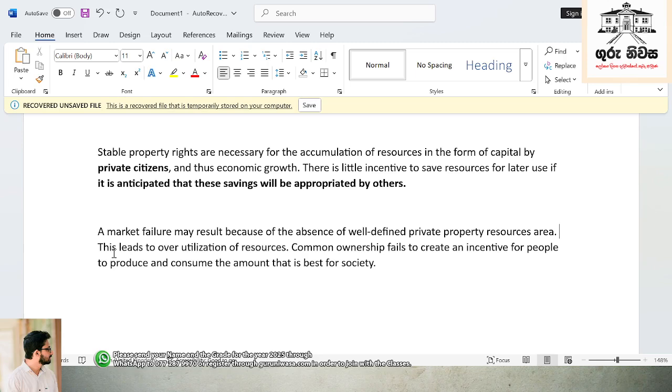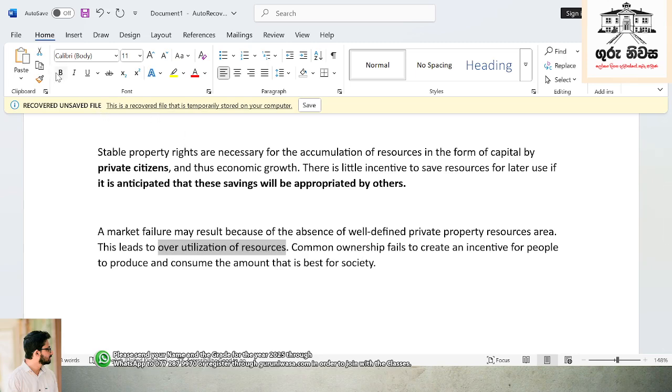But what about the Sinharaja forest, where people illegally try to cut and destroy these resources? Why? There's no proper owner. That's why I told you property ownership is important. Market failure may result because of the absence of well-defined private property resource areas. This leads to overutilization. Best example, natural resources.